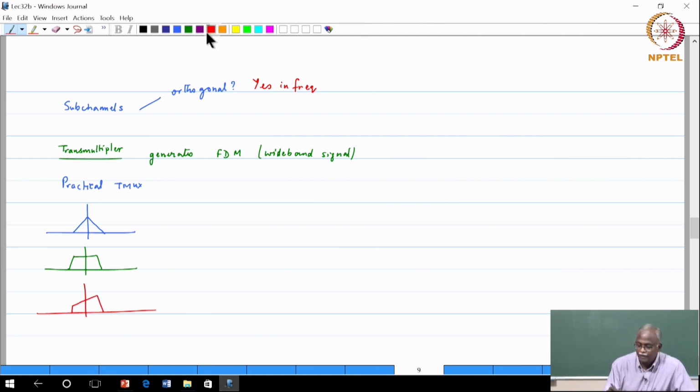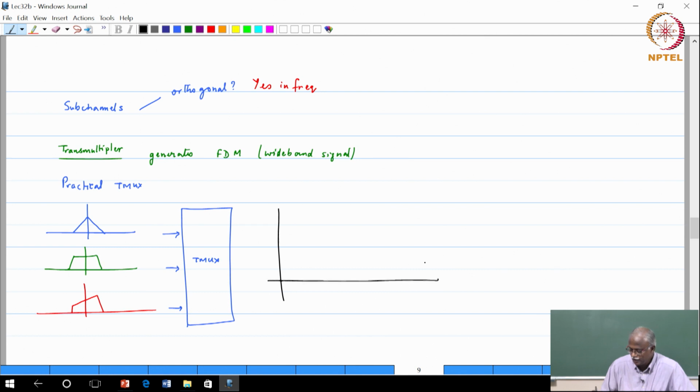So, the practical transmultiplexer, the transmultiplexer that takes these signals coming in, will generate for me a signal that looks like this. Again, these are conceptual. So, there would be the blue signal, the green signal, and then the red signal.